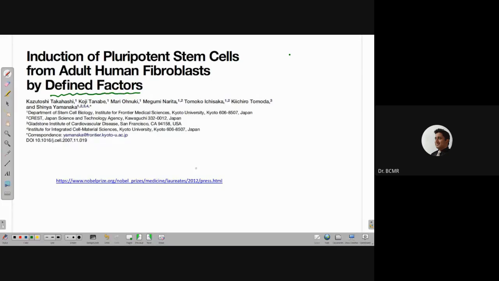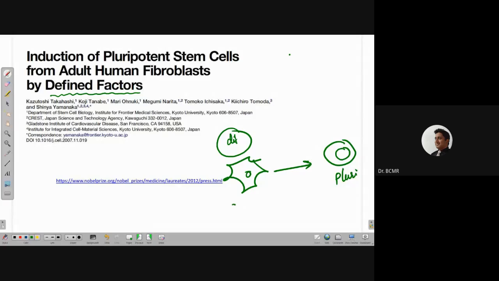In this work, and there are many others, they determined the minimal set of genes required to convert a differentiated cell into a pluripotent stem cell. So this is pluripotent, this is differentiated.